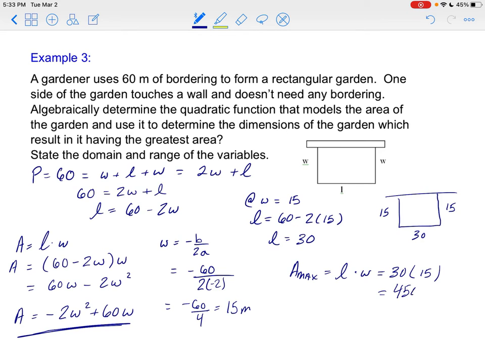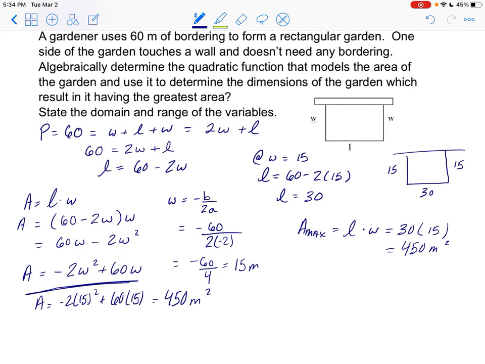It's 450 meters squared. You could also have used the quadratic over here and said A is equal to negative 2 times 15 squared plus 60 times 15. Gives you the same answer, with a little more work to get there. So we're almost done.